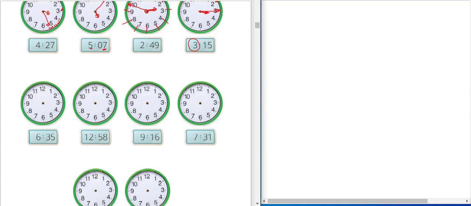Skip count by 5: 5, 10, 15, 20, 25, 30 and 35 here. So draw the minute hand. And 6 hours, but our hand will be in the middle distance between 6 and 7. So we can write here.